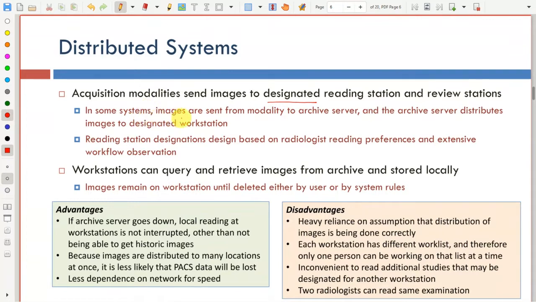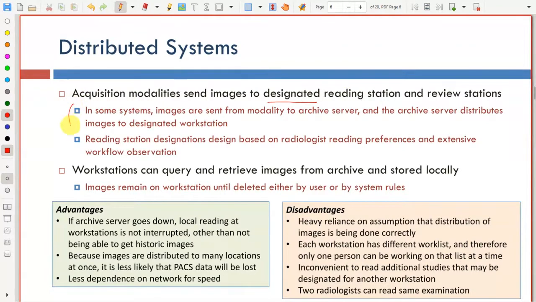In some systems, images are sent from the modality to the archive server, and the archive server distributes images to designated workstations. But it's not like that here. Here, the regular thing is that the acquisition modality directly sends the data to the reading station rather than the archive.